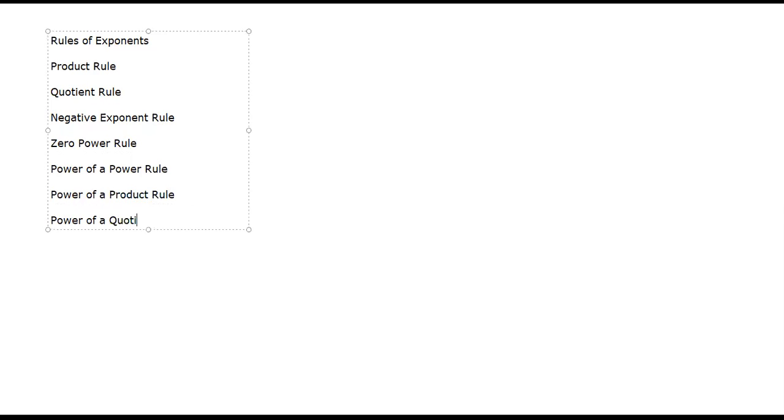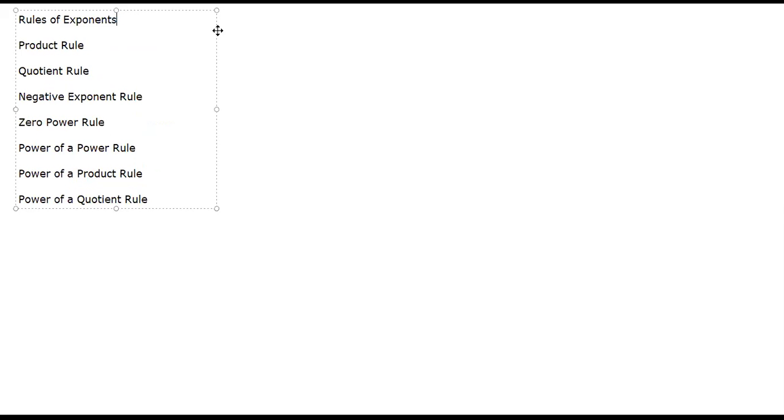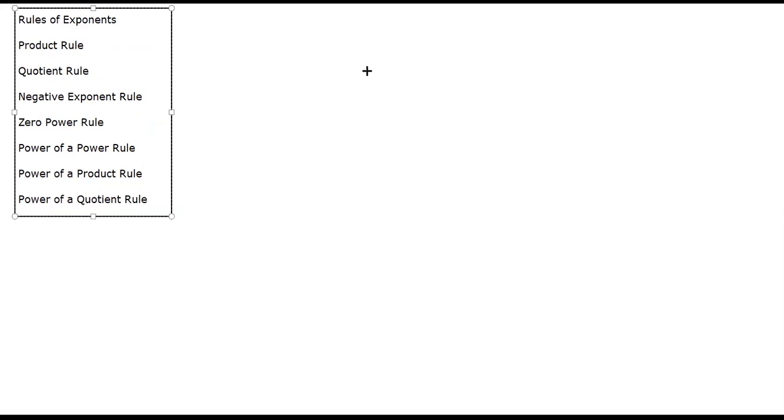If you don't remember what those look like, you can go back and look at the previous video, but we are combining these rules with what we did previously in 1.3, which was being able to convert between rational and radical expressions. And again, there's a separate video for that, but if it's been a while or you're still a little confused, rational exponents are basically fractional exponents.